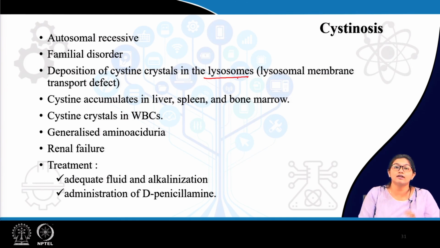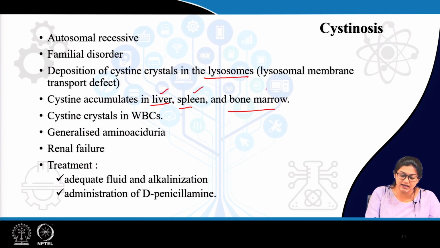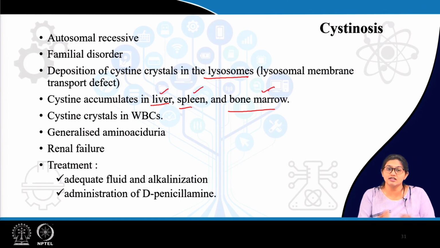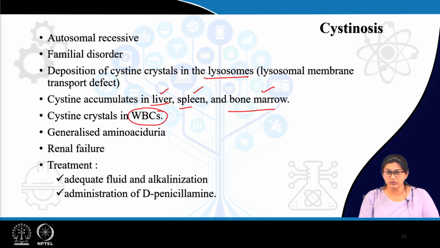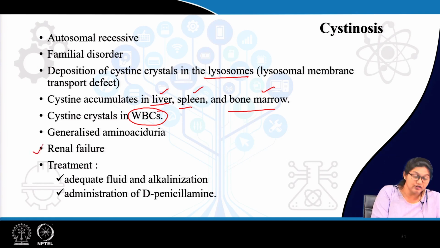Which organs are affected? Liver, spleen, bone marrow. So cystine crystals accumulate in liver, spleen, bone marrow, and these crystals can be detected in white blood cells. What will happen? A generalized aminoaciduria can be seen, and when deposited in the kidney they can cause renal failure.